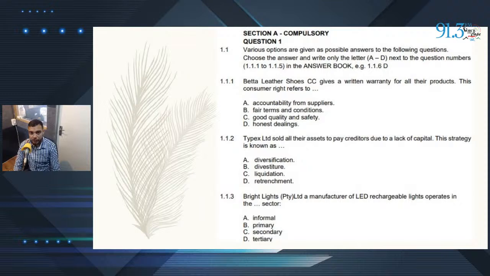So, firstly, 1.1.1, Better Leather Shoes CC, meaning close corporation, gives a written warranty for all the products. This consumer right refers to what? A warranty for all the products, we highlight that, and then we look at what goes with it.